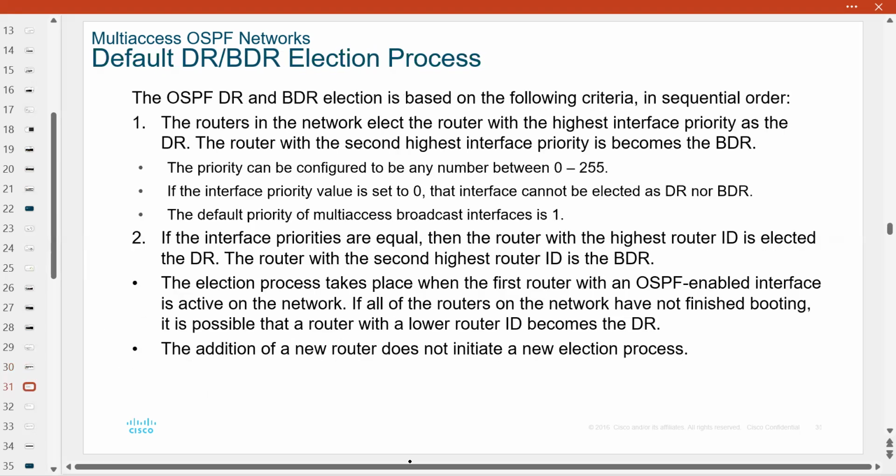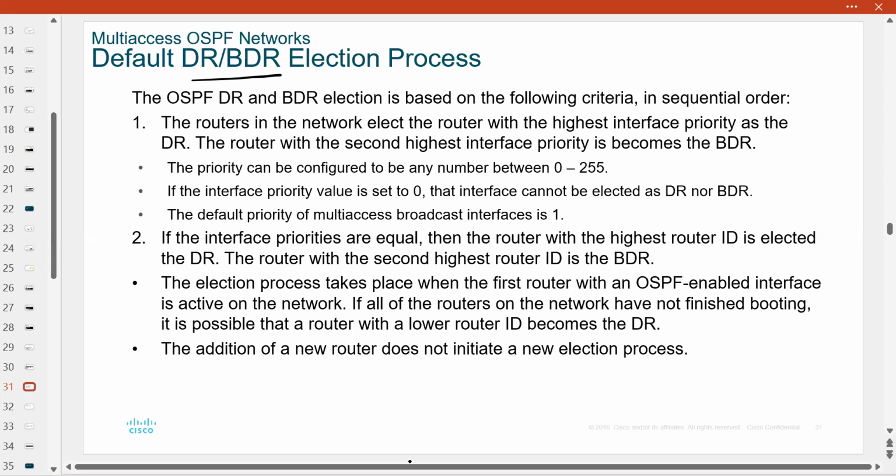Default DR, BDR election process. Here we'll discuss the election process of the designated router and the backup designated router. In short, we've been discussing this from module number 1, I think. How is that determined?